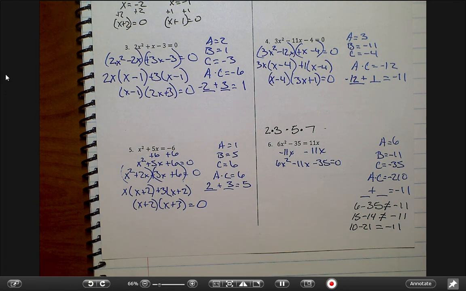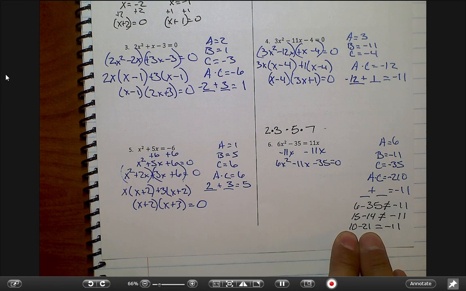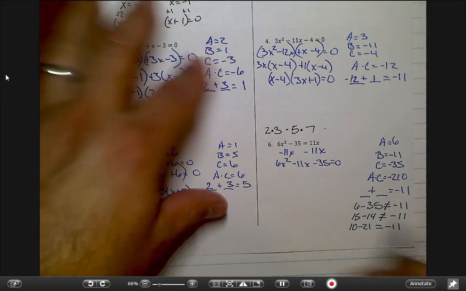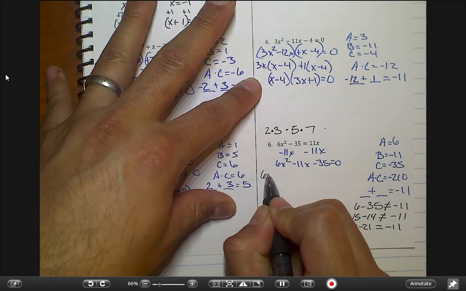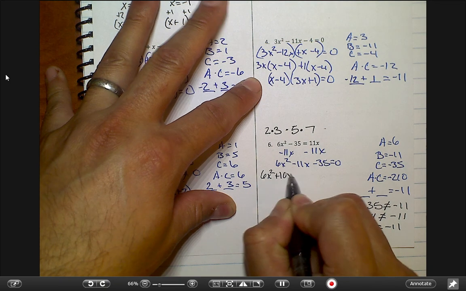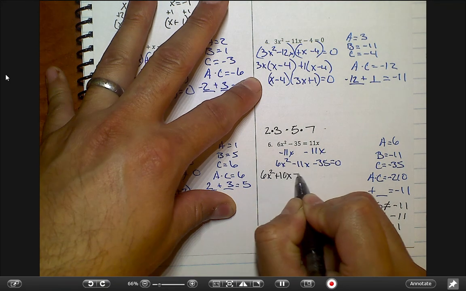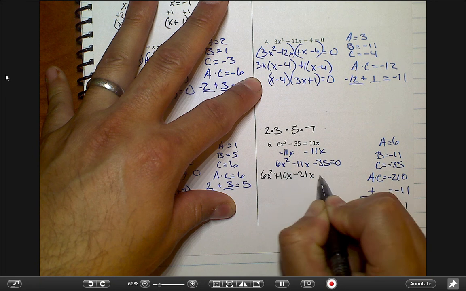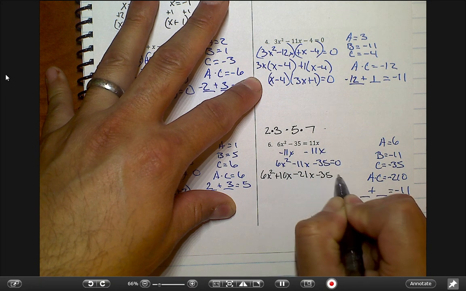So, like I said, I teach this at the college. Now, we know we have our numbers. So, 6x squared plus 10x minus 21x minus 35 equals 0.